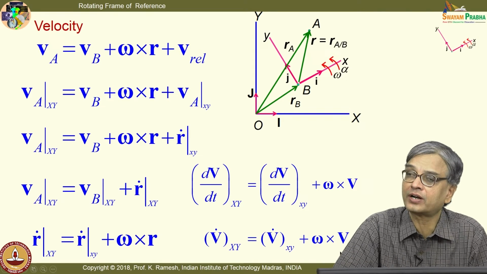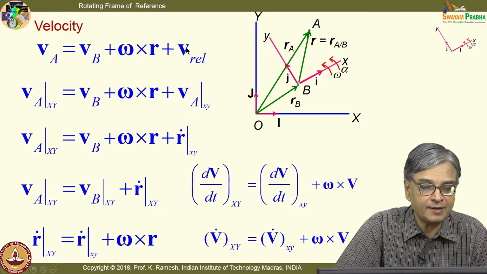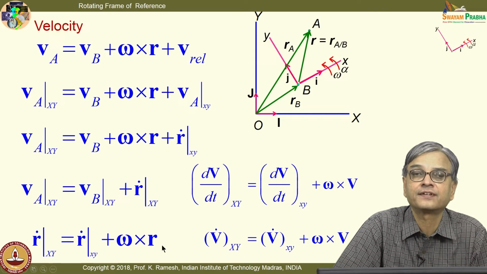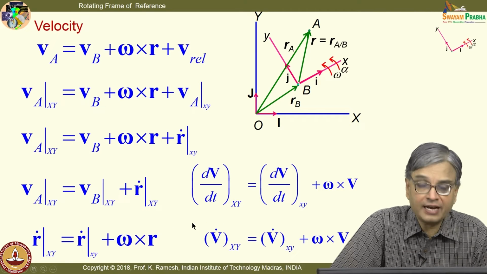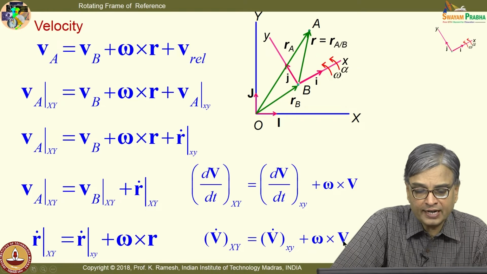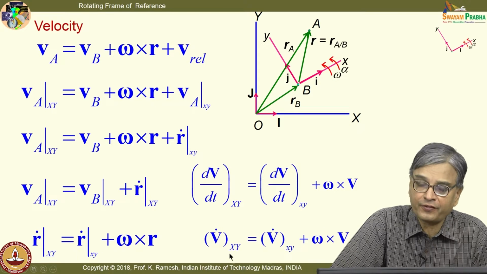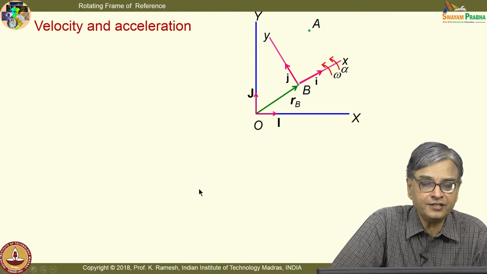This is very important. If you look at this expression, it can be viewed in this fashion. So that you have to be very clear about it, and we use this important expression from a fixed frame of reference to the rotating frame of reference. We utilized it for the derivation of acceleration.